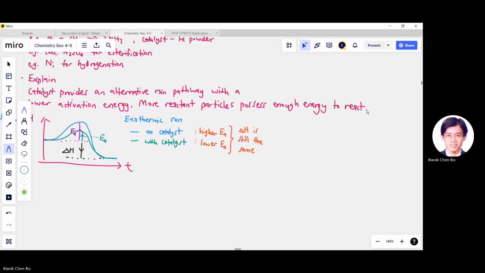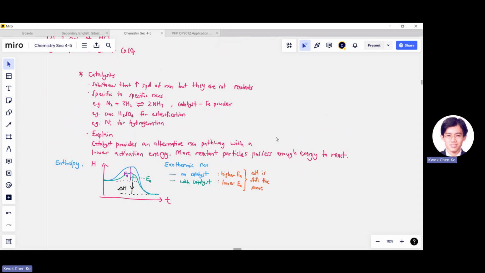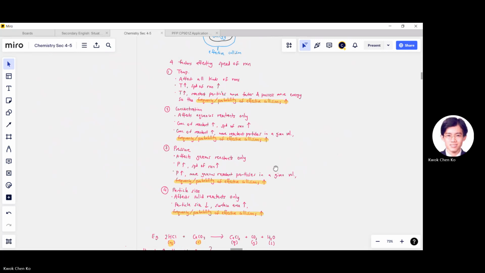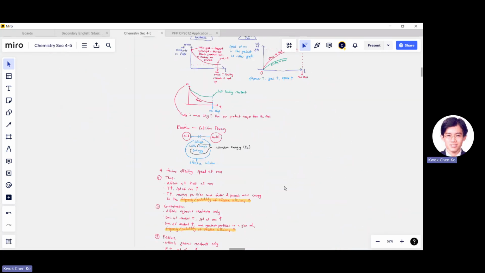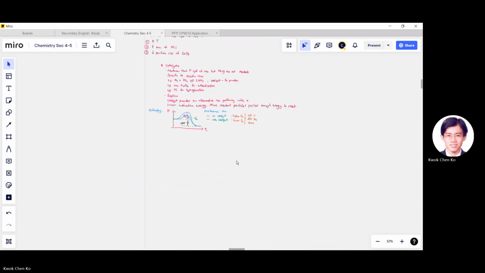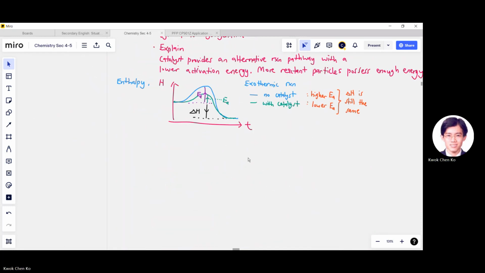Okay, last part. I missed out something, but anyway, jump to the last part first. Last part already, guys. That's right, enzymes.